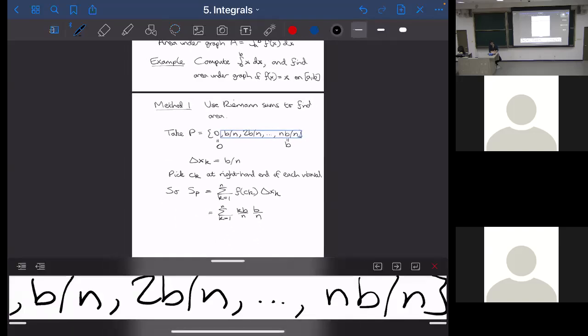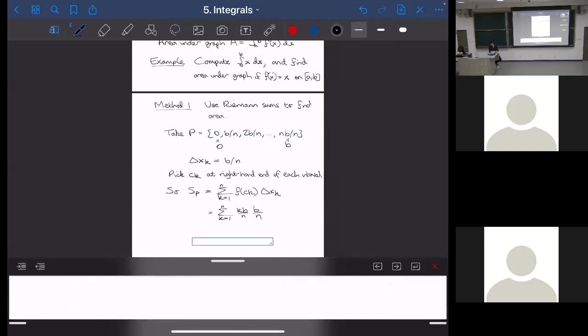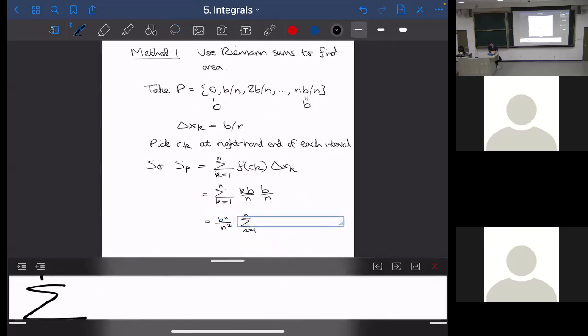So, let's work out what this is. In this sum, b and n are constant, so I can take them out like that, and I get k inside the sum.